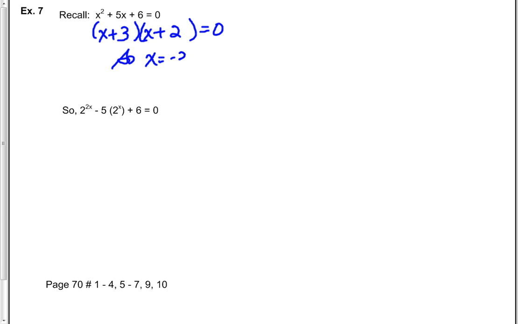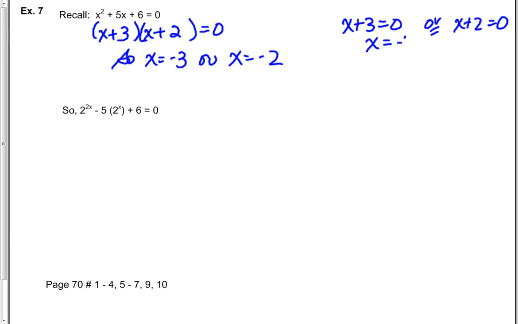So x equals negative 3 or x equals negative 2. If you forget, I got those two answers by setting first one bracket and then the other equal to 0. Either scenario would give us a 0 answer, so subtracting 3 from both sides, x equals negative 3, or subtracting 2, x equals negative 2.